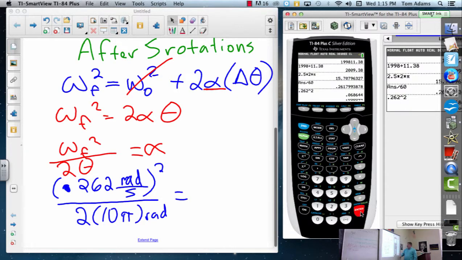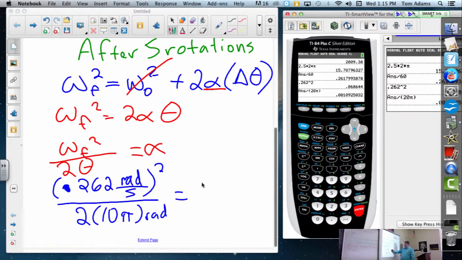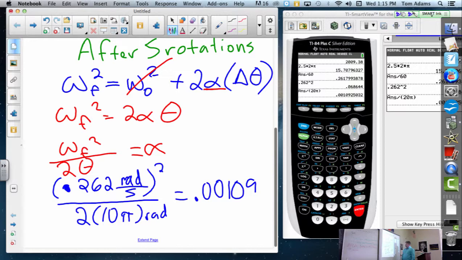0.262 squared. Then we're going to divide that by 20 pi. So if I say divided by 20 times pi, I get 0.001, something like that.